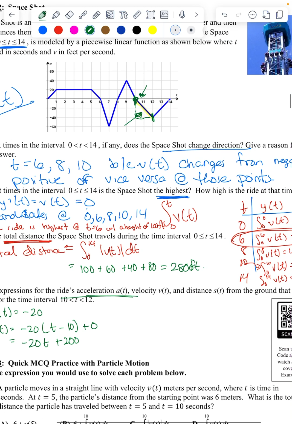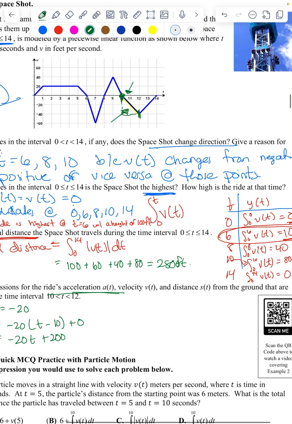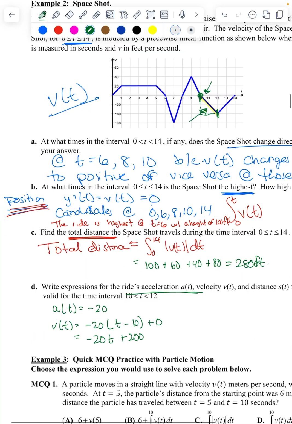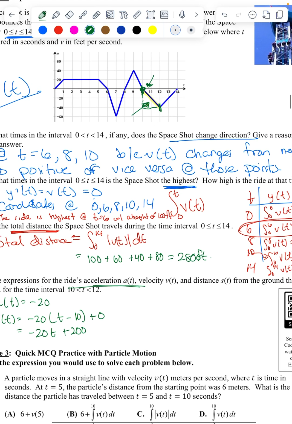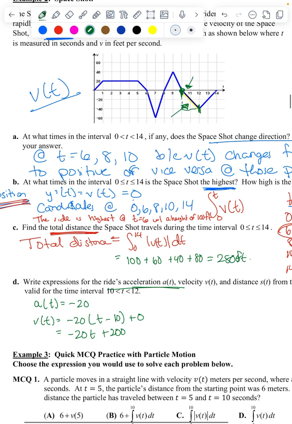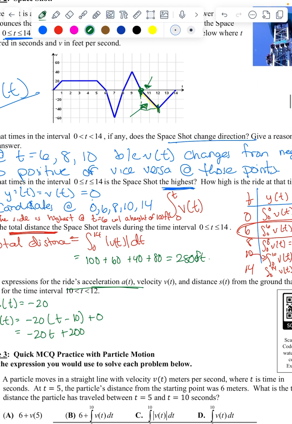And then figuring out the distance from the ground that is valid for the time interval from 10 to 20? Well, I know that the position function is going to be wherever we are at t equals 10.